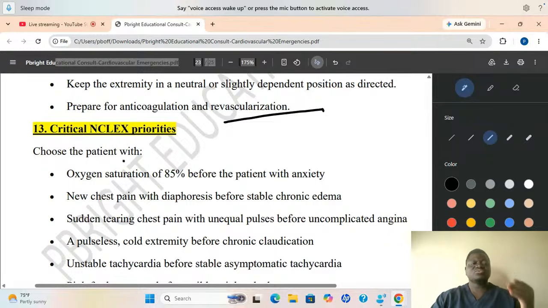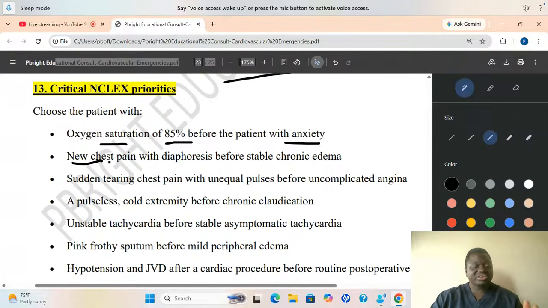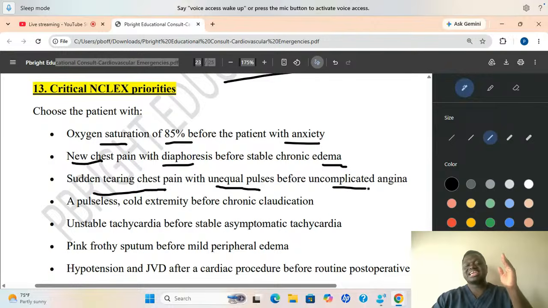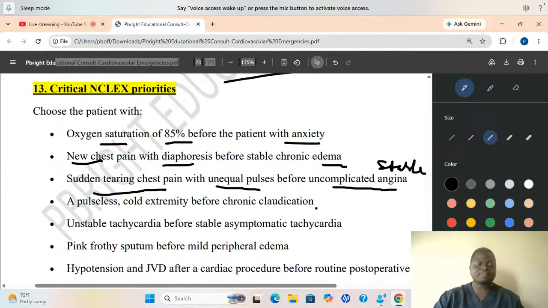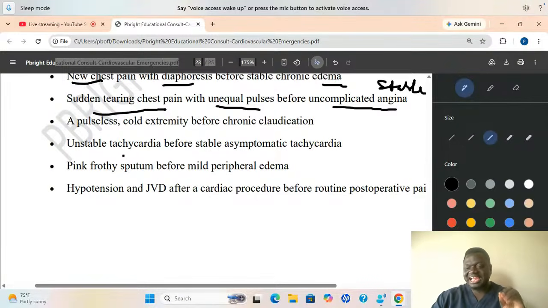Anytime you get questions like this, you consider oxygen saturation dropping below 85 before a patient with anxiety, new chest pain with diaphoresis before a chronic edema patient, sudden tearing pain with unequal pulses before uncomplicated or stable angina. A patient with pulselessness and a cold extremity before chronic claudication, chronic pain. Then unstable tachycardia.